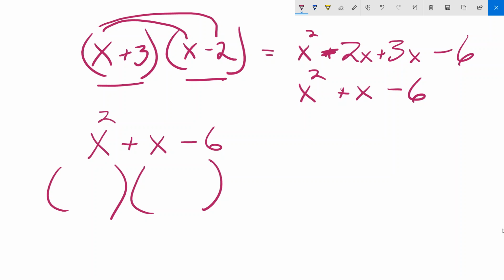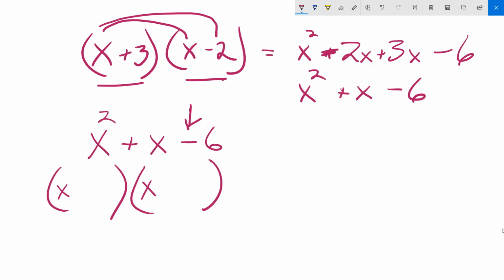There's going to be an x inside of each parentheses. Now the next step is one that I tend to focus on, and not everybody does, but it's extremely important, I think. And that is to determine what both signs are. That's step 2 always. Step 1 is to split up the squared term. Step 2 is to figure out both signs.